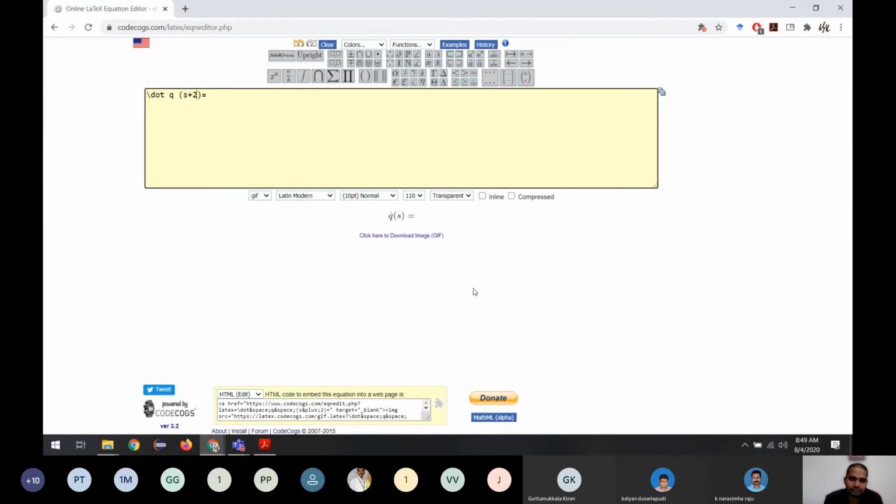S plus 2 is equal to V. So we can write dot Q is plus 2.